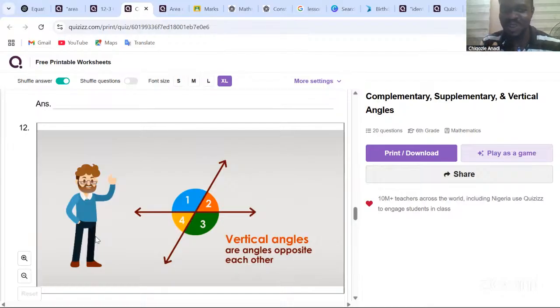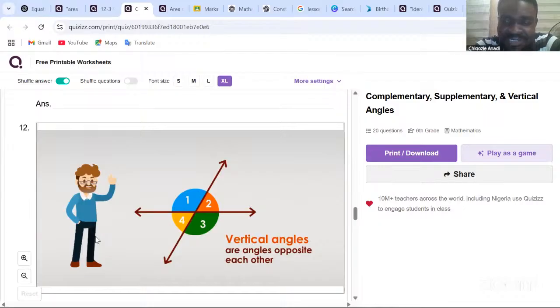Now, the last one we're going to be looking at today is vertical angles. Vertical what? Angles. If you look at this diagram on your screen right now, you can get a vertical angle when you have two lines forming an X sign.